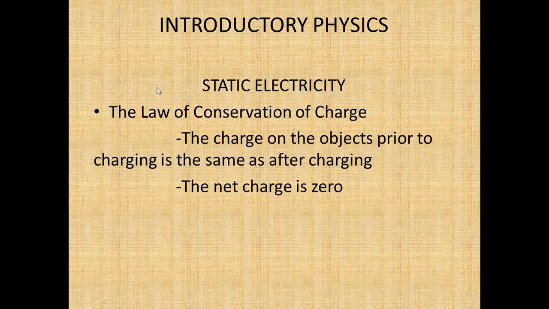But not only that, if we charge an object by friction, the case we just showed you, you use the animal fur and you rub it against a rubber. Electrons are going to move from the animal fur to the rubber. The rubber is going to be negatively charged. The fur is going to be positively charged.